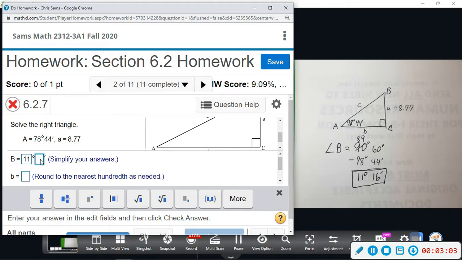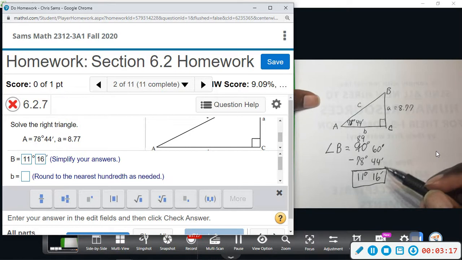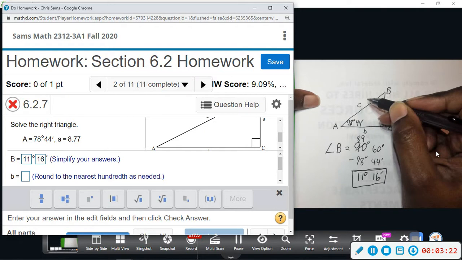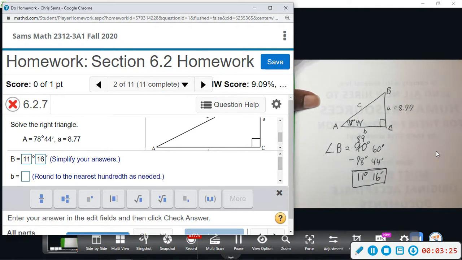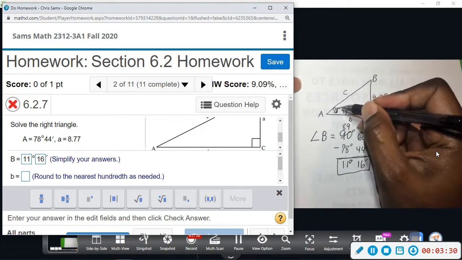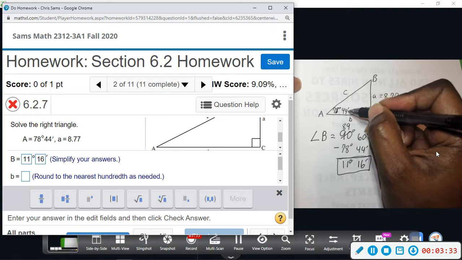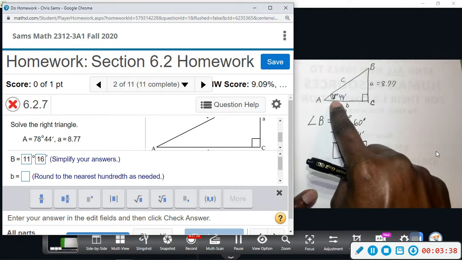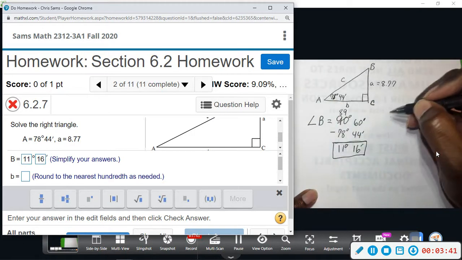11 and 16. Okay, so we are also going to need to convert this to actual decimal form, which we call degree decimal, because in order to apply the trig formula and find the missing sides, we need this in degree decimal form, not degree, minute, second. So using the angle that we're given, 78 degrees 44 minutes, we want to convert this all in terms of degree decimal, or hours, if you will.